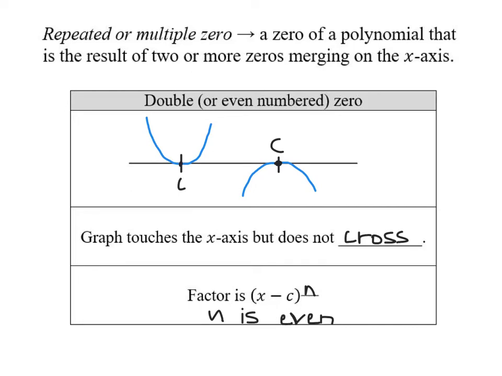And just to reiterate, the reason it doesn't cross, remember, as we were looking in the example before, is that by having an even exponent on it, it's going to keep whatever your difference is between x and c positive. So it's not going to change the sign as you go from the left of c to the right of c.